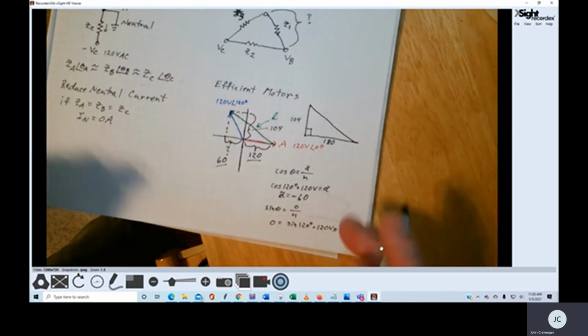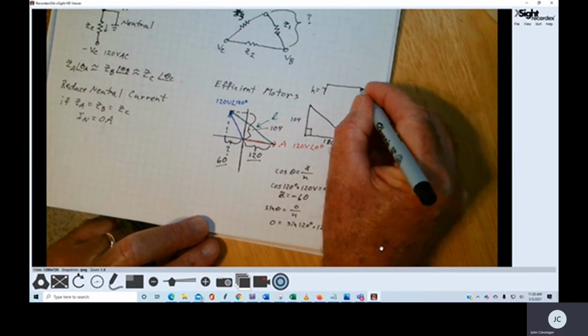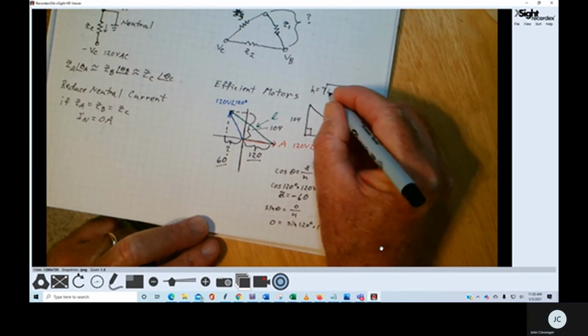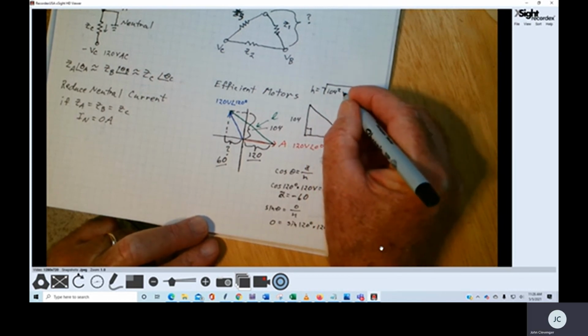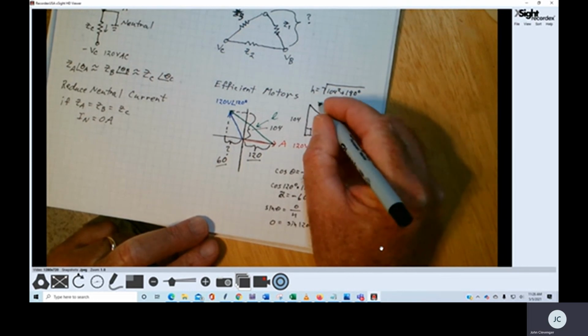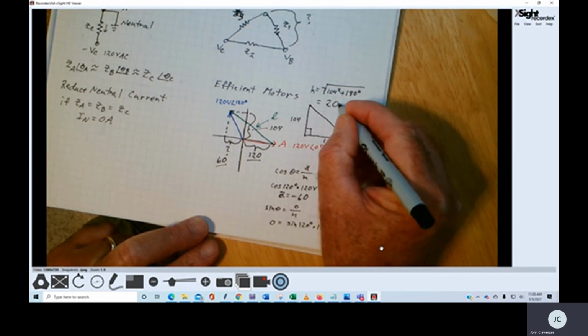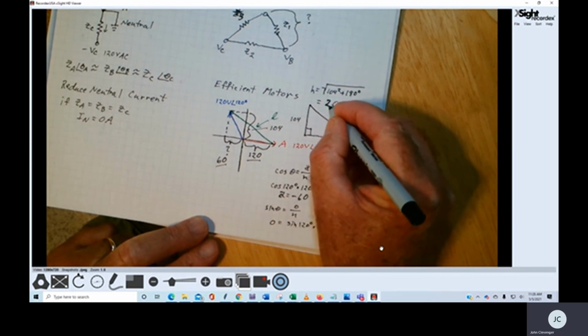Of course, the hypotenuse, h, will be the square root of 104 squared plus 180 squared, which gives us a line length of 208.